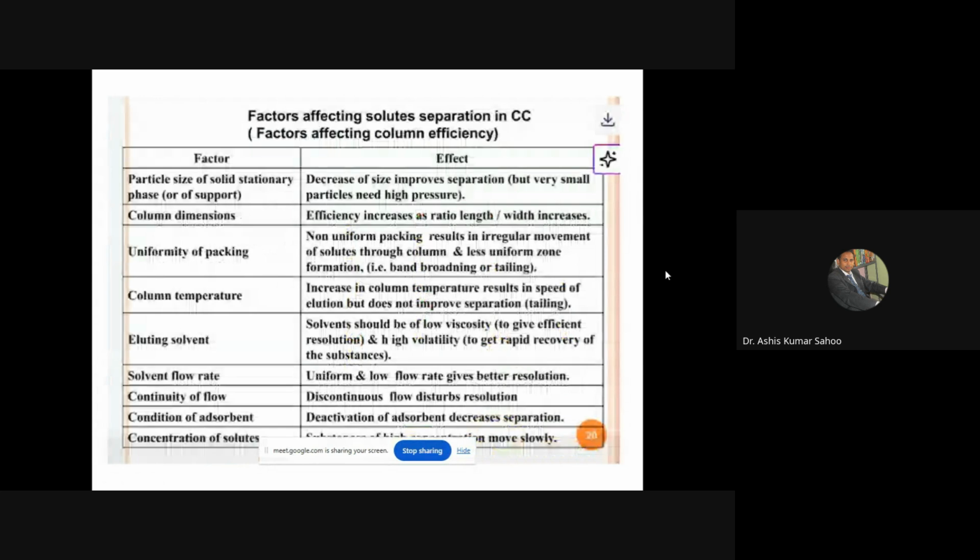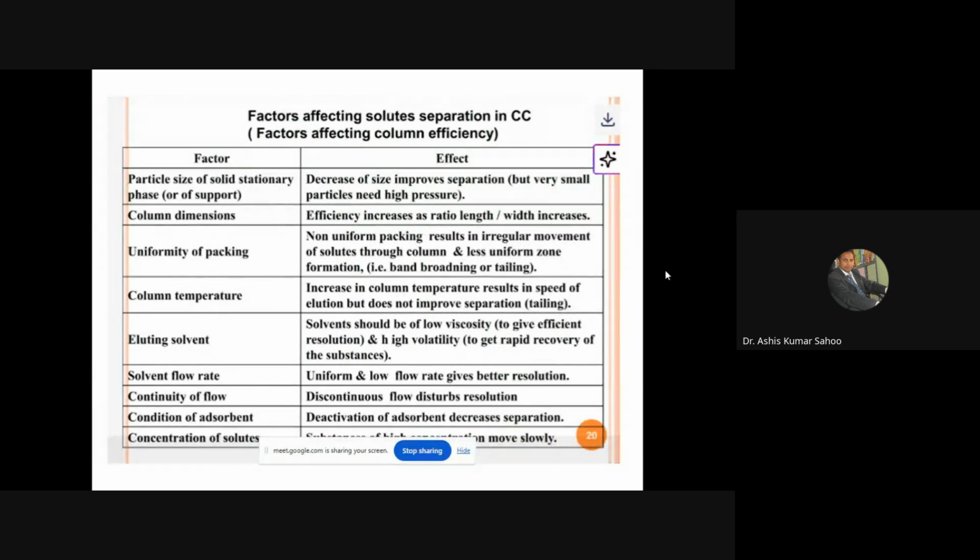So let's see factors affecting solute separation in a column. Particle size of the solid stationary phase: decreasing the size improves separation. Column dimension: efficiency increases with the ratio of length to width. Uniformity of packing, column temperature, eluting solvent, solvent flow. So these are the factors which affect column chromatography.